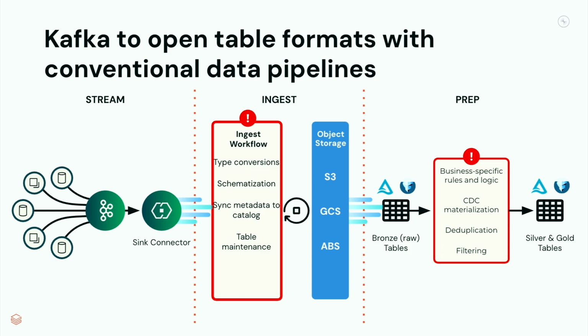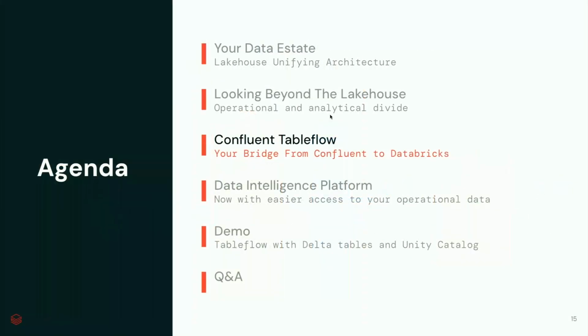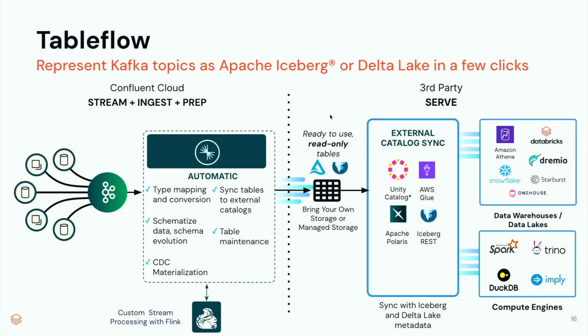Now, assume that you can get rid of most of the toil of data pre-processing by simply exposing your Kafka data streams or Kafka topics as tables to your data lakehouse. That is exactly what Confluent Tableflow is designed for. It is a managed service offered as part of Confluent Cloud.